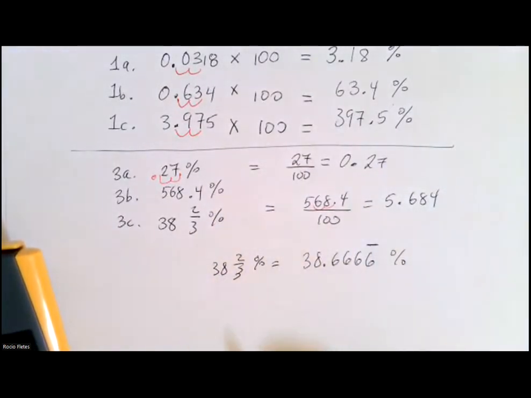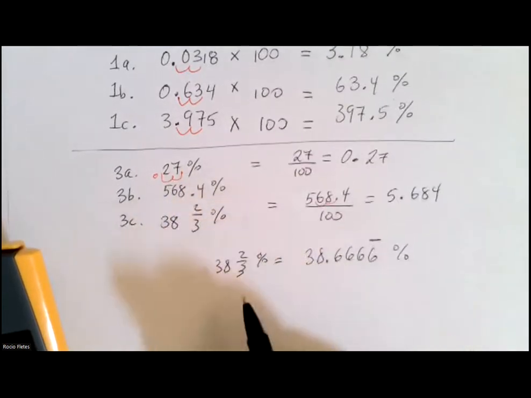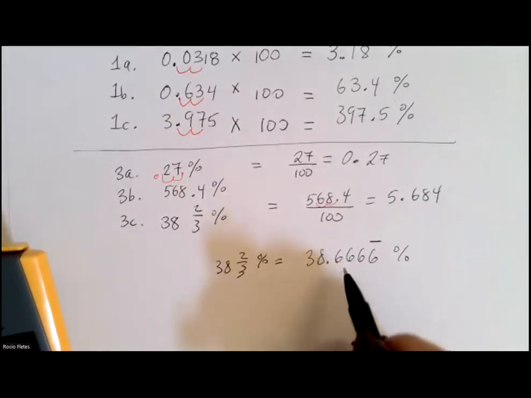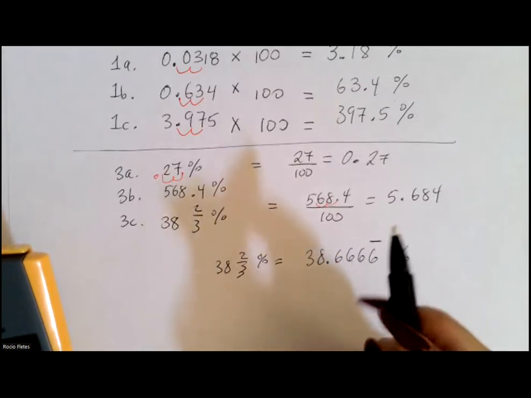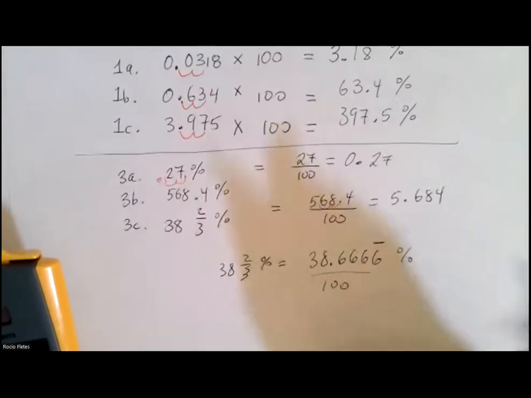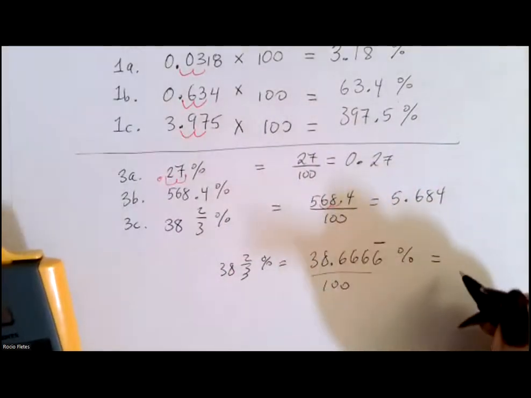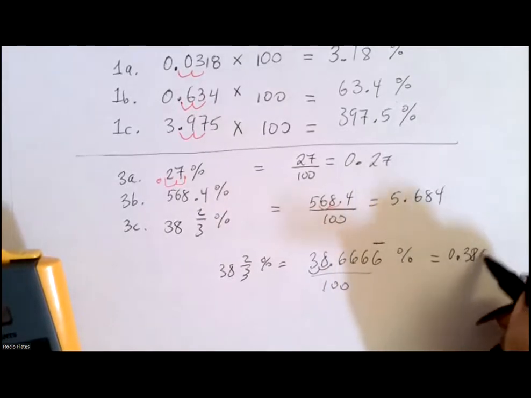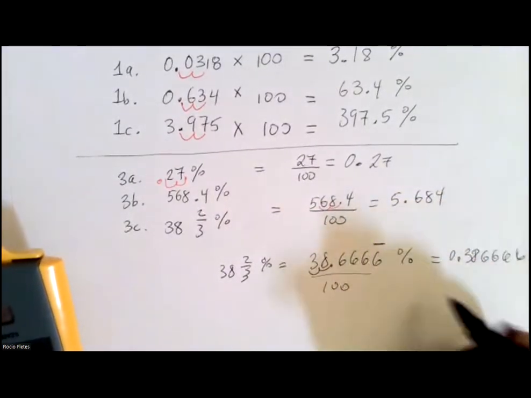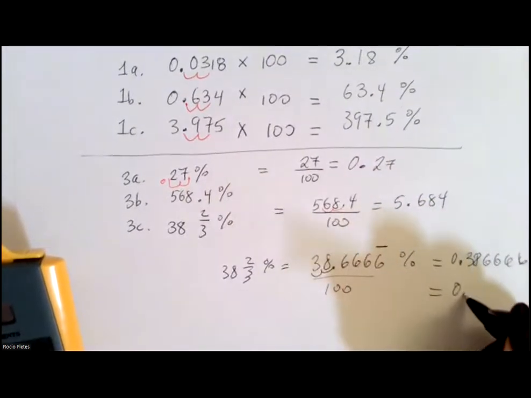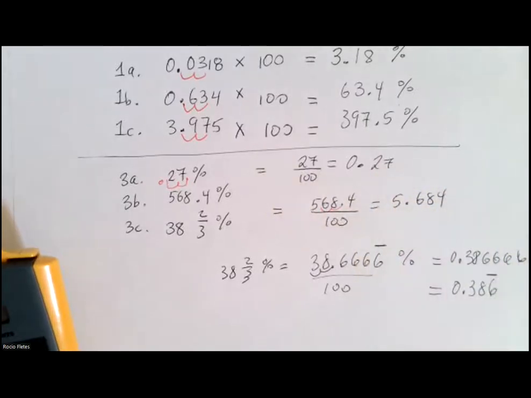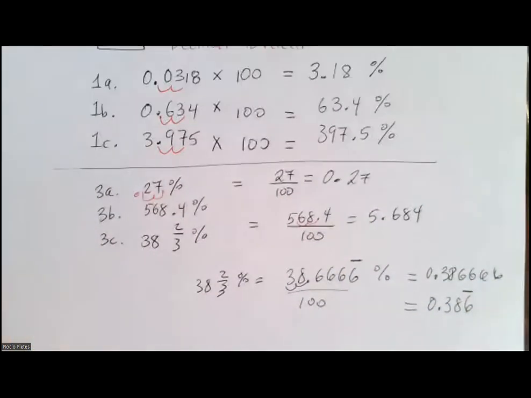And then if you divide by 100, this moves 2 places to the left, 0.386666, like that. So this is going to become 0.386, and then you can just write the line on top for repeats. This means it repeats. Okay.